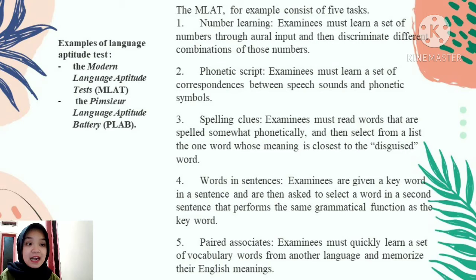Here, examinees are given a keyword in a sentence and are then asked to select a word in a second sentence that performs the same grammatical function as the keyword. And the last is paired associates. Here, examinees must quickly learn a set of vocabulary words from another language and memorize the meaning.